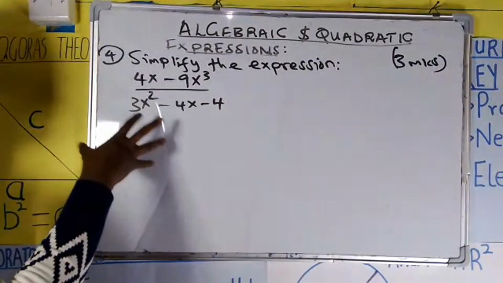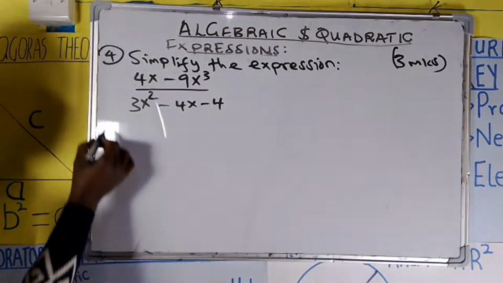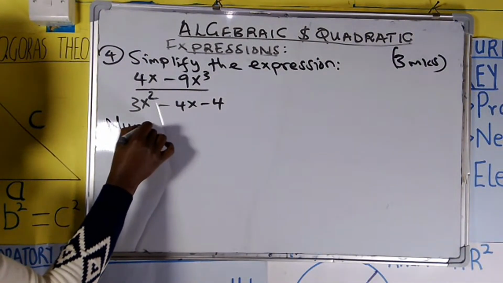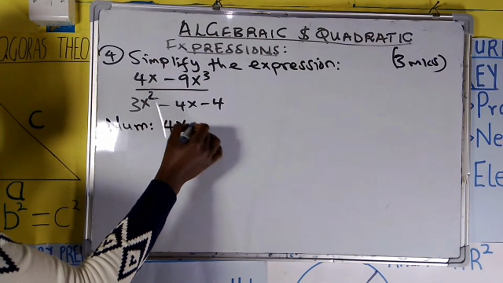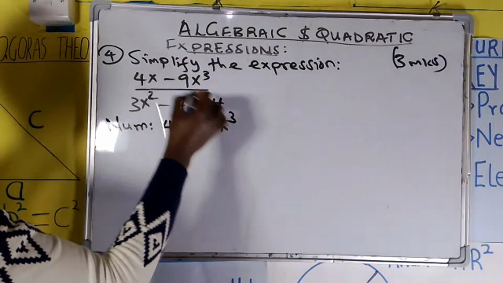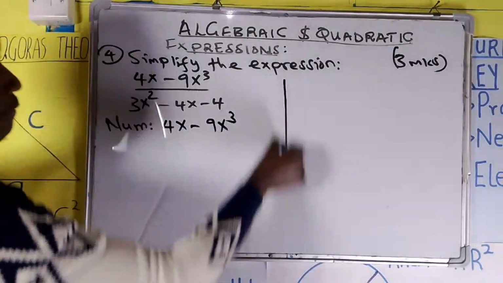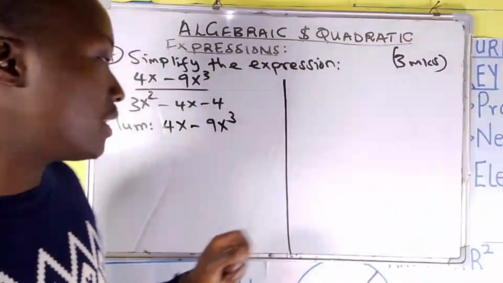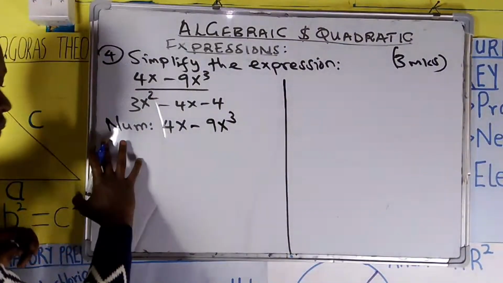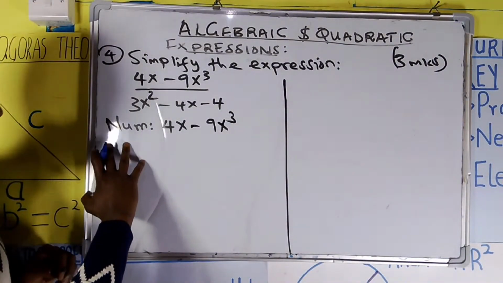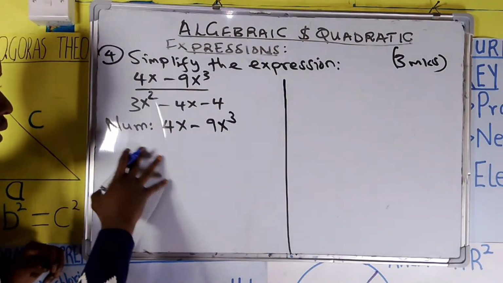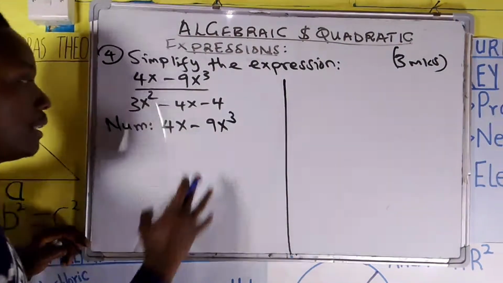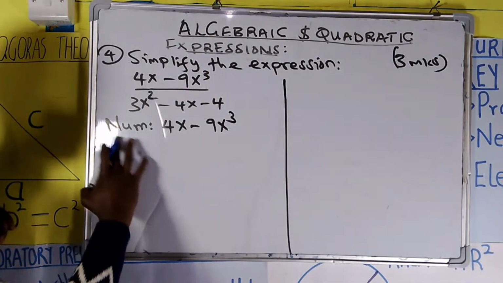So, in this scenario, let's start with the numerator. Our numerator is 4x minus 9x cubed. So, the first thing we can do is factorize our numerator.